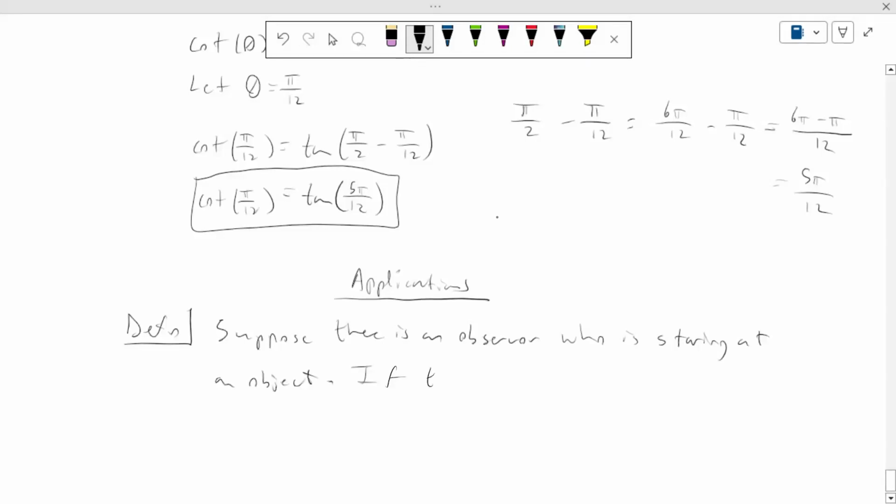If the object has a greater altitude, so it's higher off the ground, right?